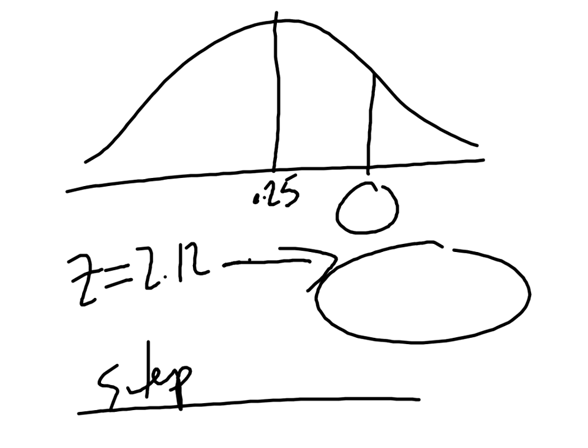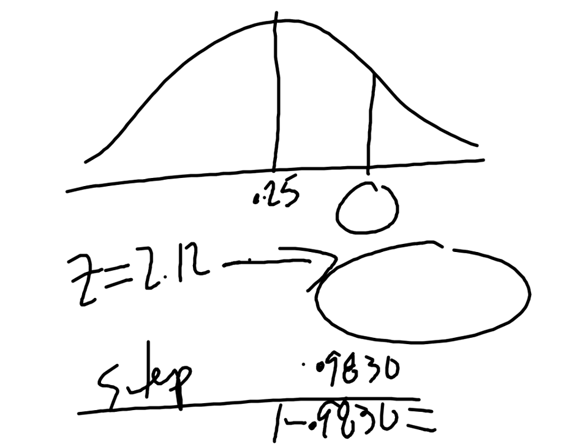They tell us that the area to the left of 2.12 is 0.9830. And then when they subtract that from 1, 1 minus 0.9830, here is our p-value, it's 0.0170.